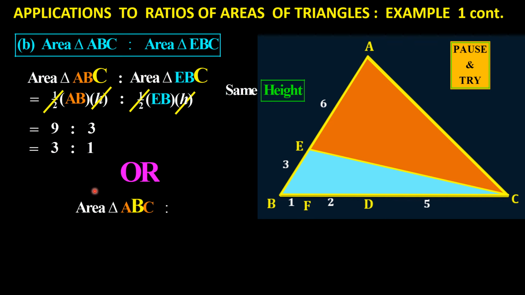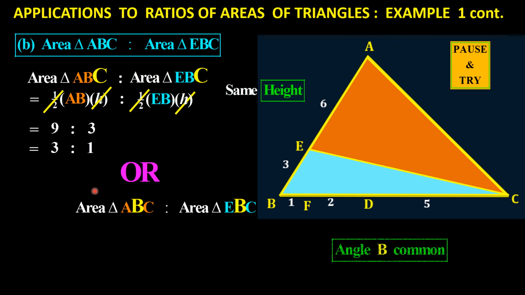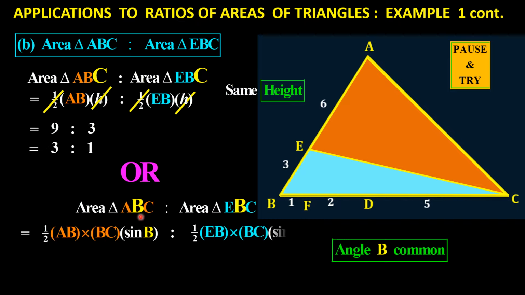But if I look at ABC and EBC, the angle B is the same. So we also have a common angle, and I could have also done this one another way. We could use the trigonometric formula as well. So I have half AB times BC and half EB times BC, and then we multiply by sine of B. You can simplify, and we actually just end up with the product of the adjacent sides.